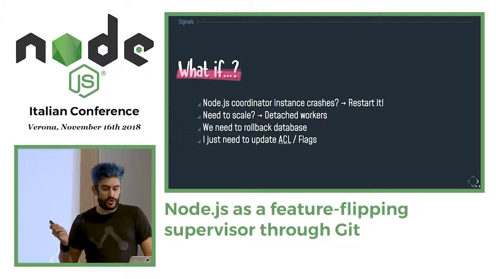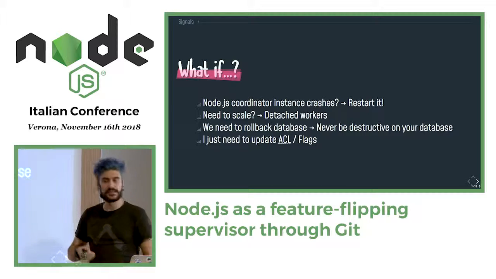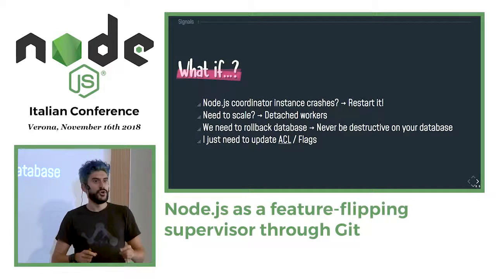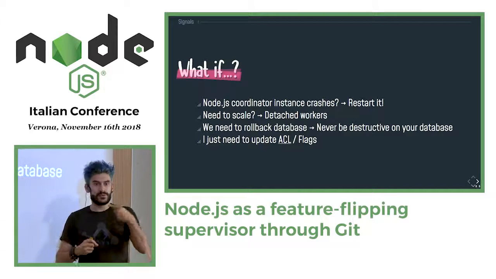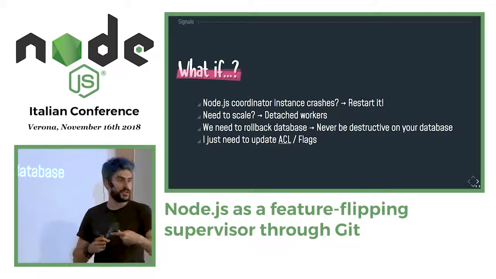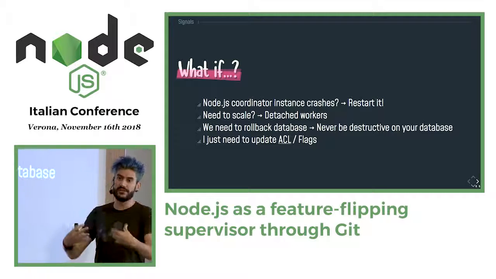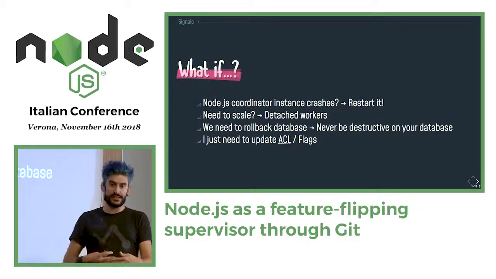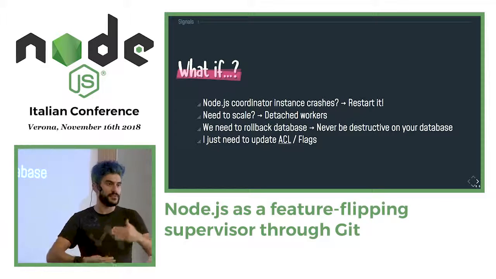If you need to roll back a database, it's easy: just be careful to never be destructive on your database when you run a migration. If the migration modifies the schema of the database, you have to maintain the whole schema during the time of the feature flip.